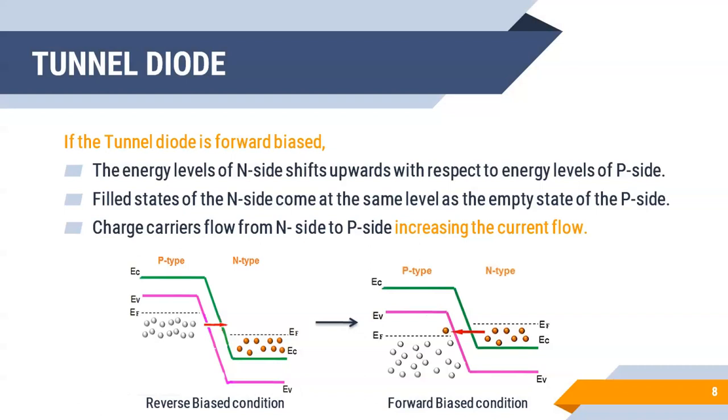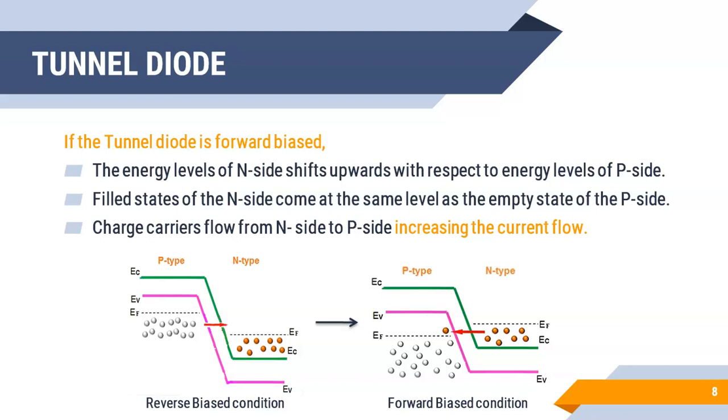Now we will see what will happen to the tunnel diode when we give the forward bias. This condition is totally opposite to our reverse bias condition. As the diagram shows, whenever forward bias is given, the N side energy levels shift upwards with respect to the P side. So filled states of the N side will be at the same level as empty states of the P side.